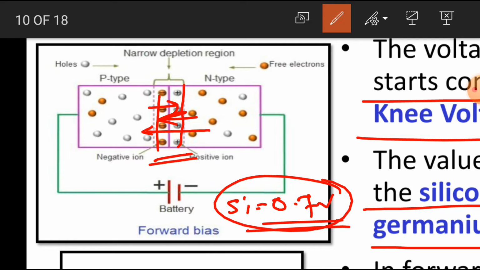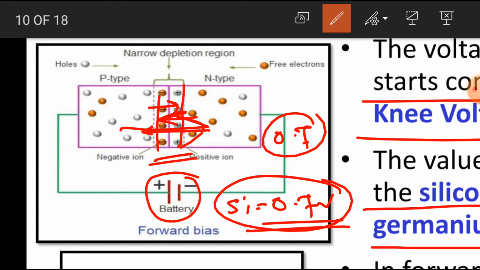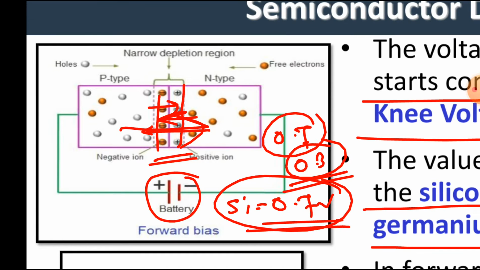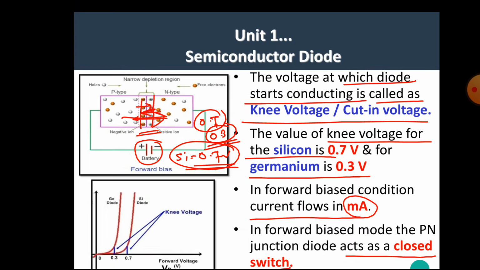But when we increase the forward voltage above 0.7 volt, then the diode starts conducting current. Similarly, for germanium, this value is 0.3 volt. The barrier potential for silicon is 0.7 volt and the barrier potential for germanium is 0.3 volt. I hope you all understand the concept here.